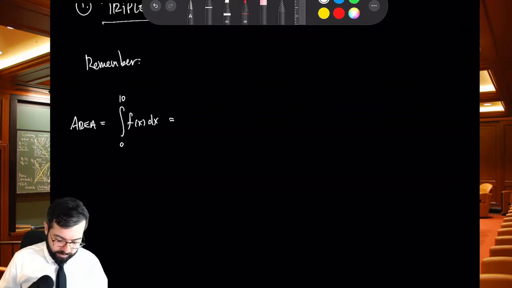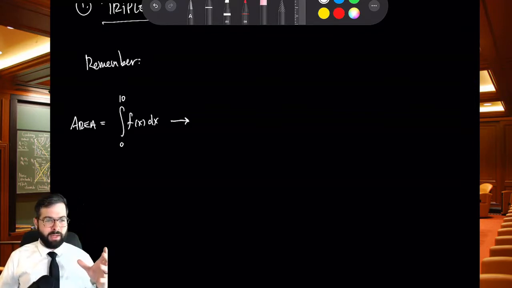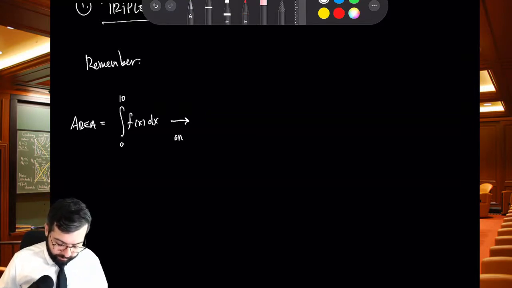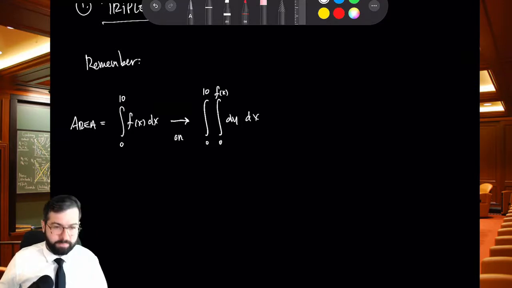And now, armed with our Calc 3 perspective, we could have looked at this instead, and we've done this. Instead of that, it would be the integral from 0 to 10, and then the integral from 0 to f of x of just dy dx.